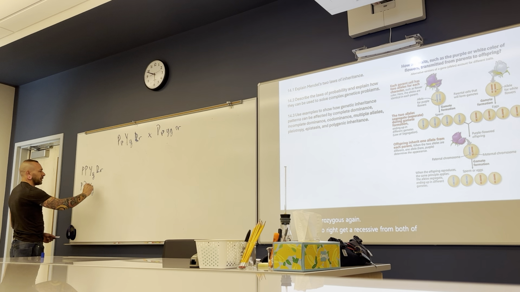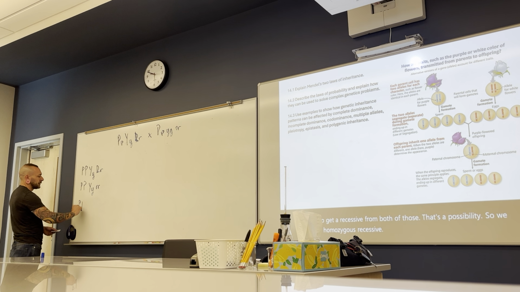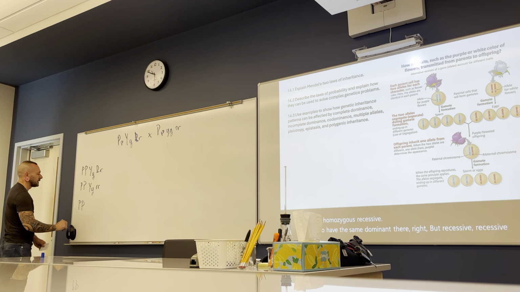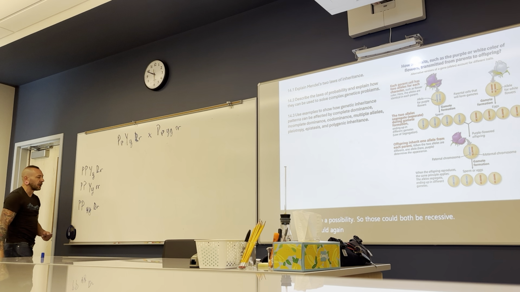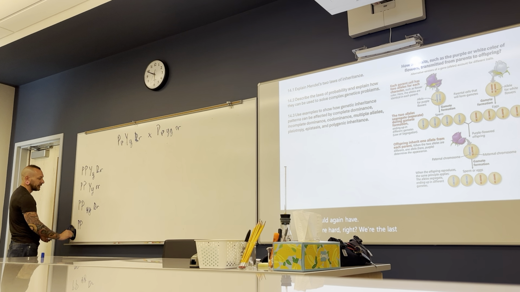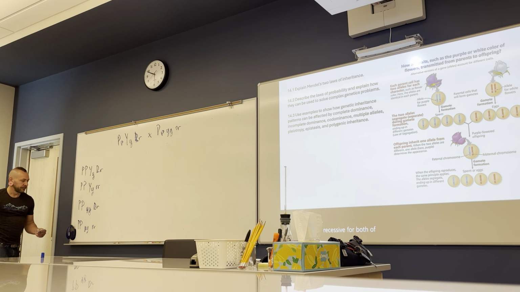That's a possibility, so we could have homozygous recessive. We can also have the same dominant there, but recessive for Y is also a possibility, so those could both be recessive. And we could again have heterozygous for R. Or the last possibility is homozygous dominance, and then it's recessive for both of those. So that's 4 potential crosses.